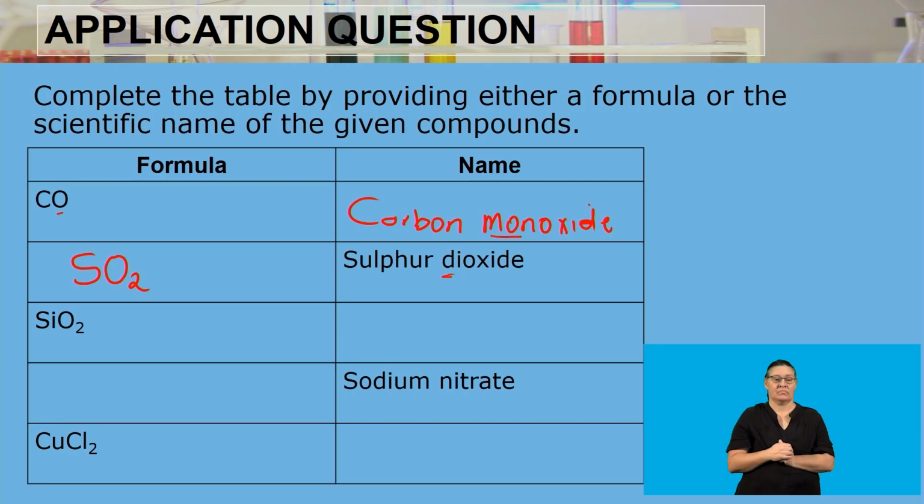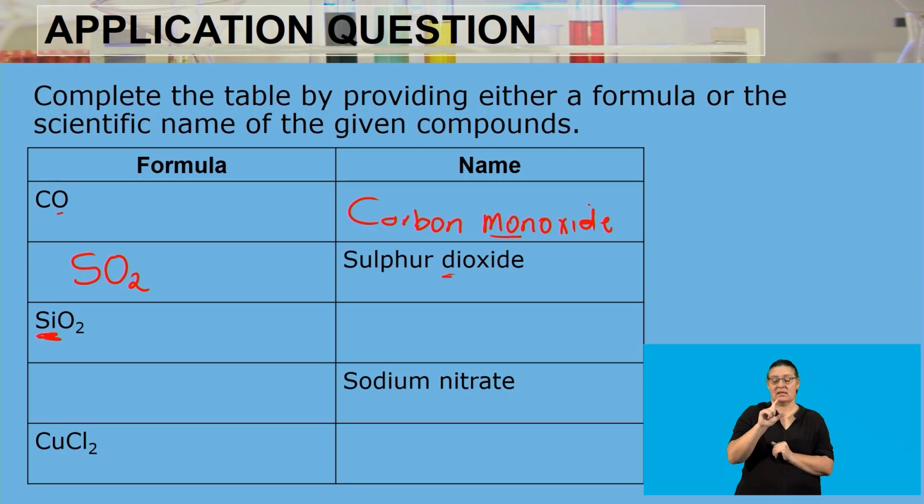And then our next one, we have SiO2. It's almost similar. Remember, if you're not careful, you might mistake this for sulfur dioxide. This is silicon dioxide. Why? Because the Si is different from the S. Those 2 different elements have different identities, Si and S. And then the name of this compound is going to be silicon dioxide.